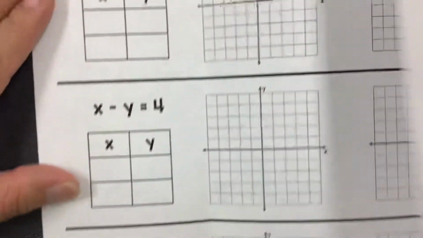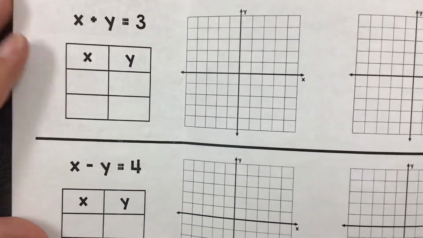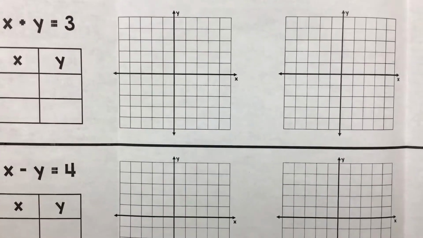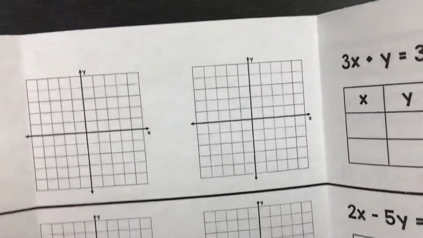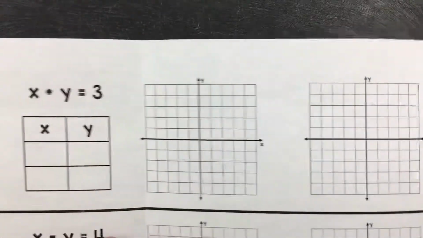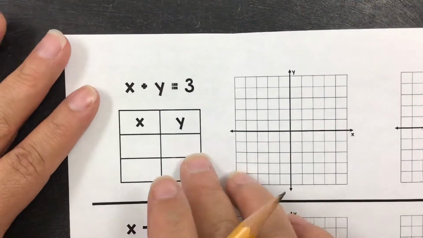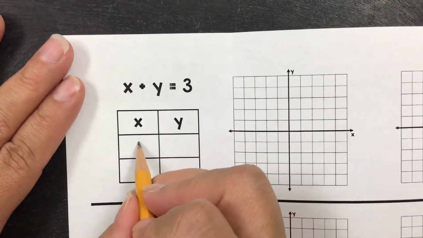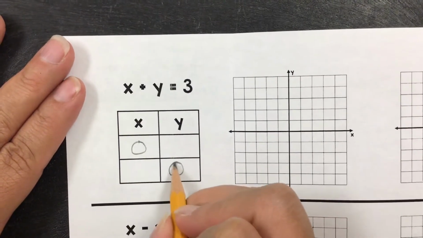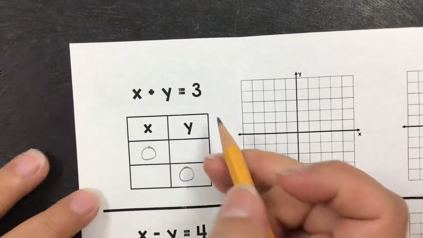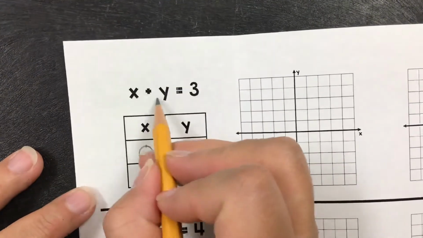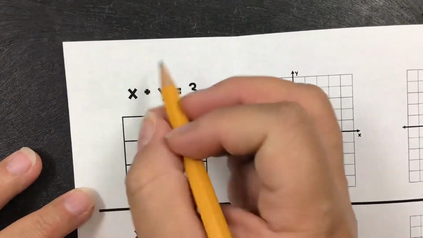I'm only going to do this side of this foldable. Well, let's do just the top two. And we need to fill in this. Remember, one time x is 0, one time y is 0. And we're looking for the y-intercept when we say that the x is 0.